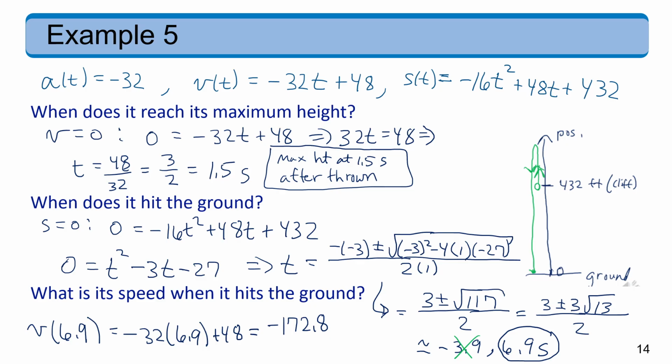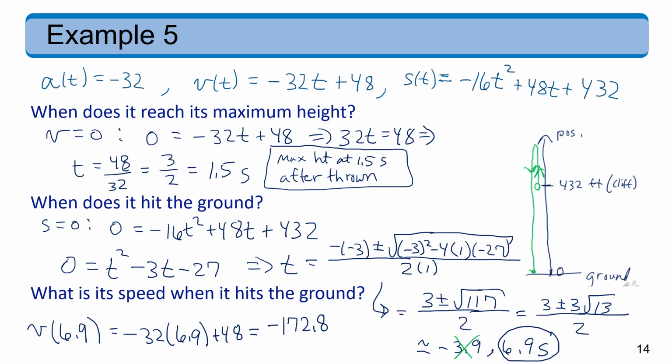Remember, velocity, the sign means something, unlike speed. Speed is always positive. The sign tells you about the direction. So we decided the positive direction was up. So velocity being negative means that it's moving in the downward direction. So the speed is 172.8.